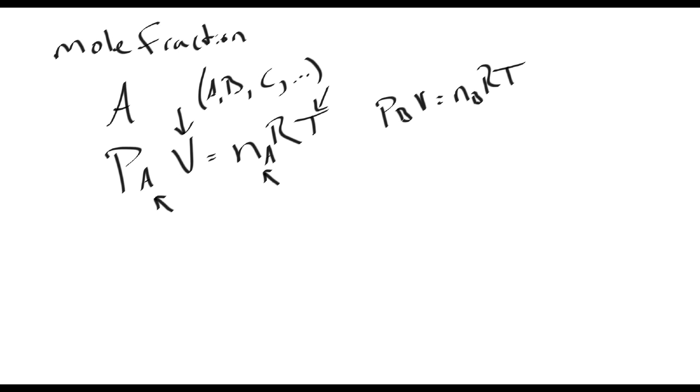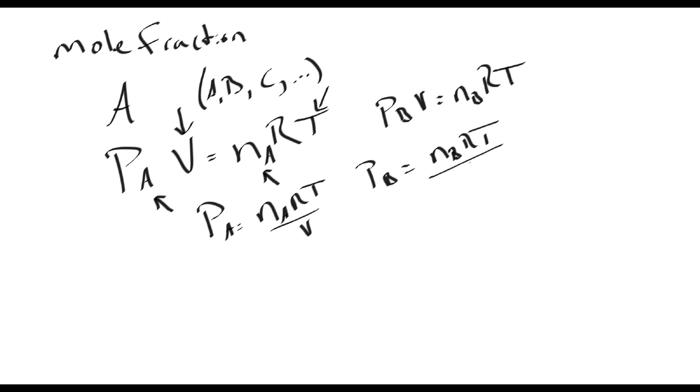Each of the gases inside that container is going to have its own ideal gas equation. So PA is equal to NART over V. PB is equal to NBRT over V, and so on.